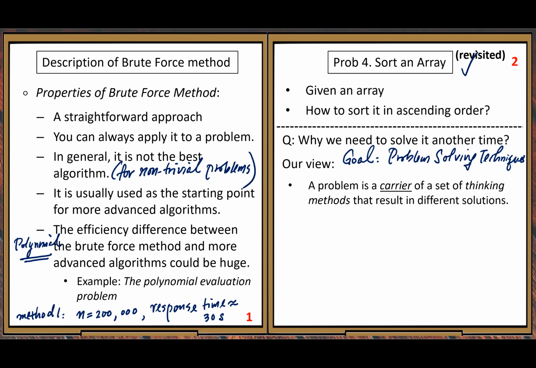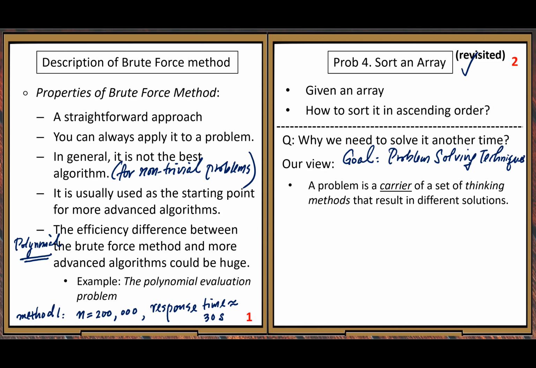So the question is, how to carry those different thinking ways for our future problem solving? In our future real world problem solving, we need many algorithms. We need to use many tools, and we will use these algorithms as tools to solve real world computing problems.